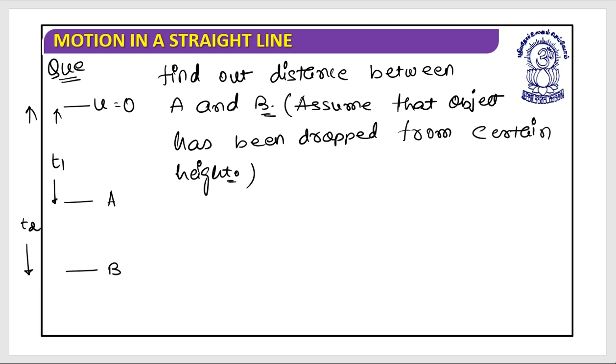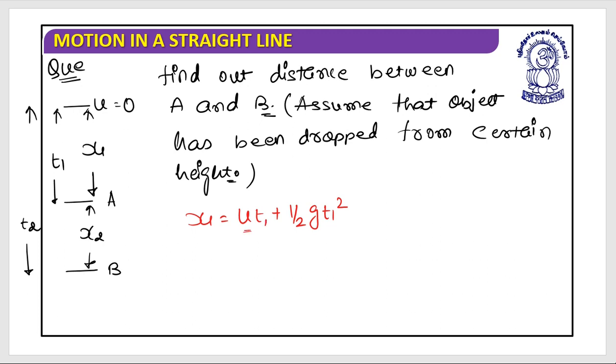So let's say this is x1 and this distance is x2. If I go for the x1 first, x1 is equal to ut plus half g t1 square.